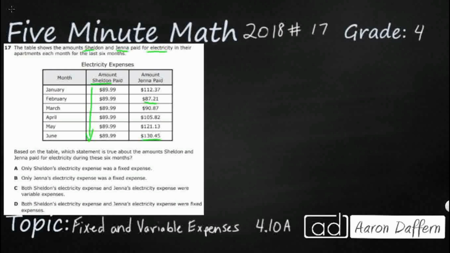Now, we need to make a statement that is true about Sheldon and Jenna's electricity, and you're going to notice that we've got these terms here, fixed expense and variable expense. So that's really what we're looking at, the differences between fixed and variable. So let's first define that, and then we'll see how we can apply that to Sheldon and Jenna's electricity bills.